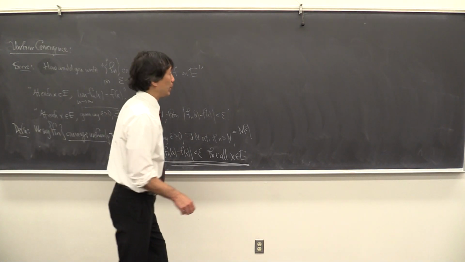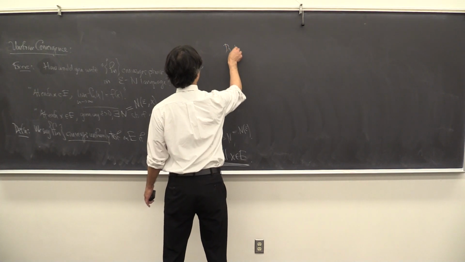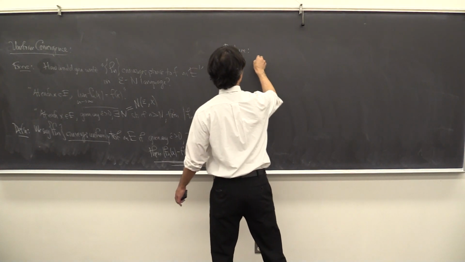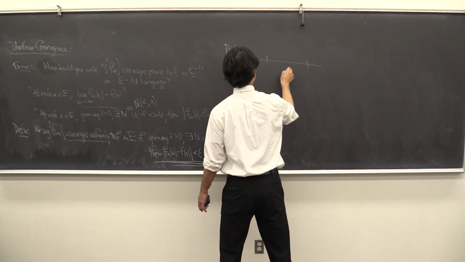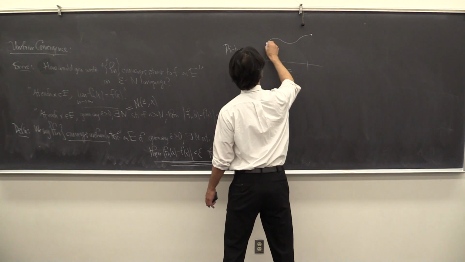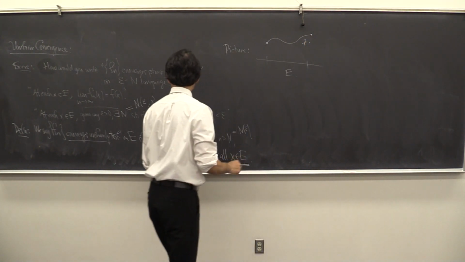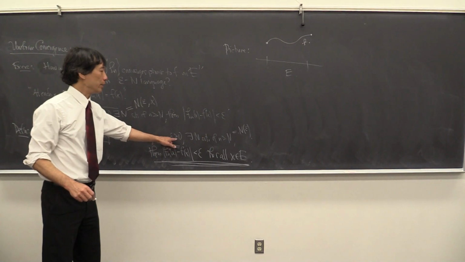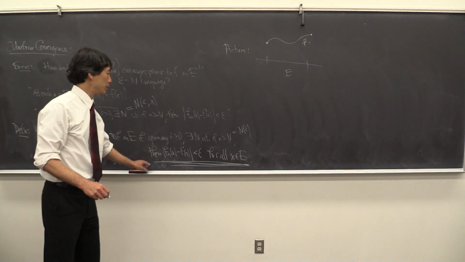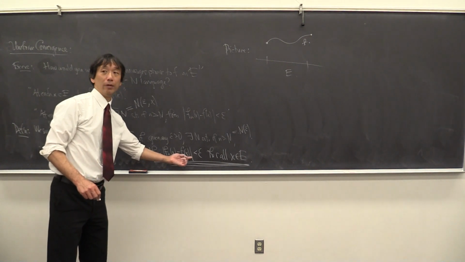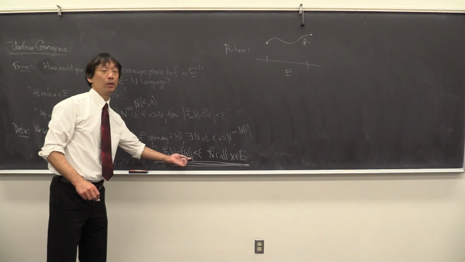The picture you want to keep in mind is the following. Let's say that you have some E, and here's your f. What it's saying is that given any epsilon, there's a time past which all the values are within epsilon of f(x).